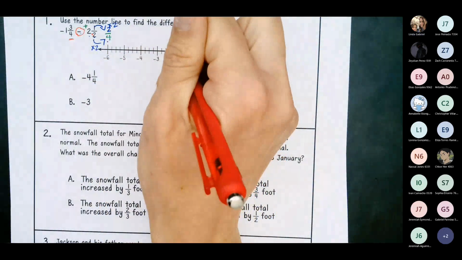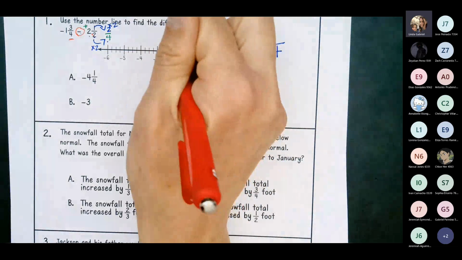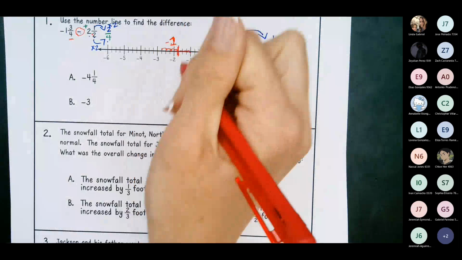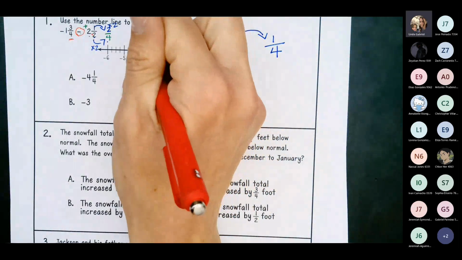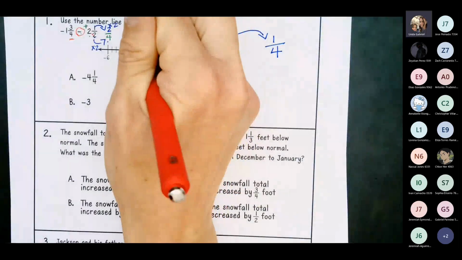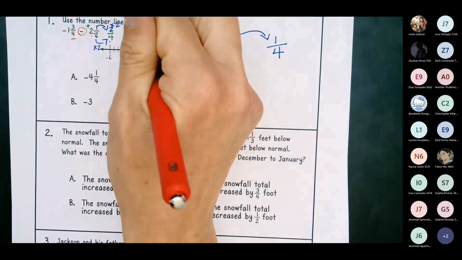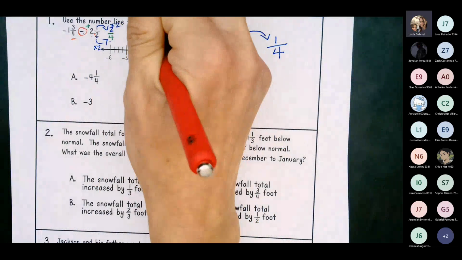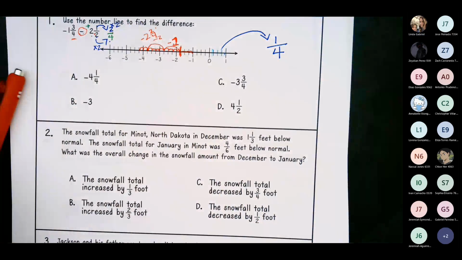So here's 4 little lines, right? That's -1. Then I'm 3, 4 little lines. That's going to be -2. I need to go over 2. So that's going to put me here at -2.5.